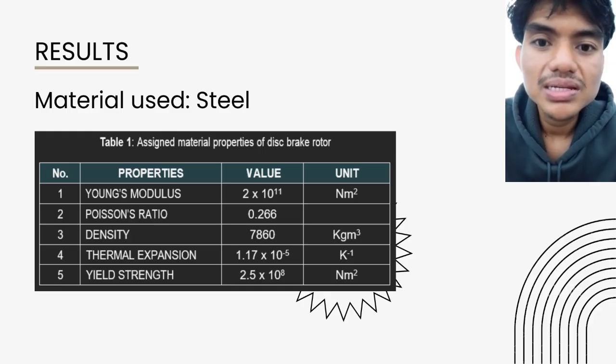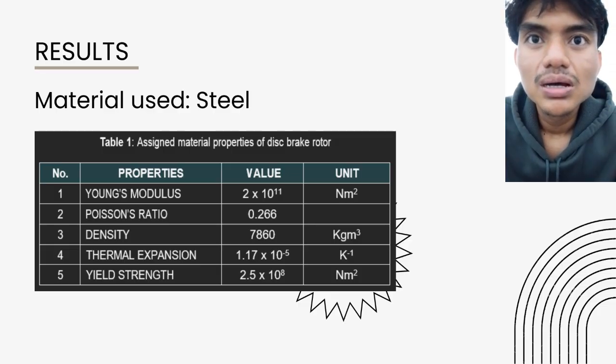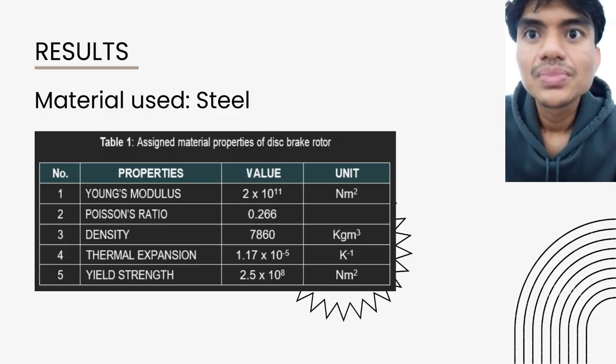The material summary. Yield strength, 2.5 times 10 to the power of 8, is the material's breaking point. Young's modulus, 2 times 10 to the power of 11, is how much the steel resists stretching.